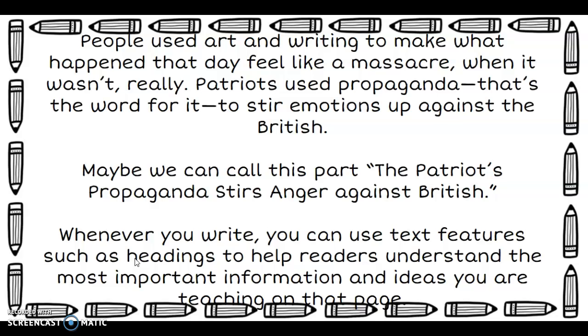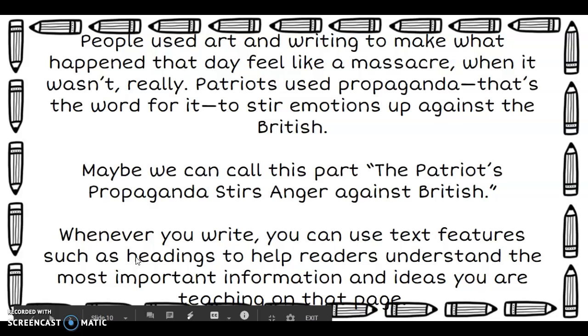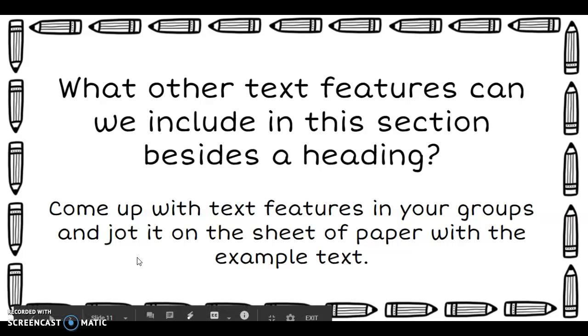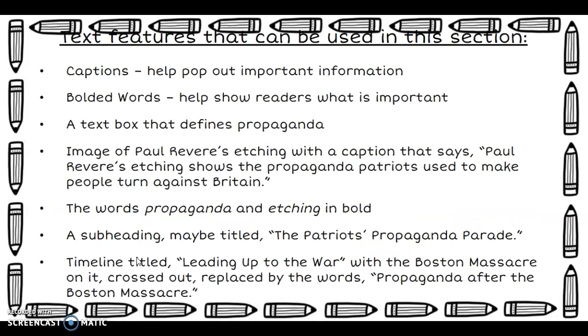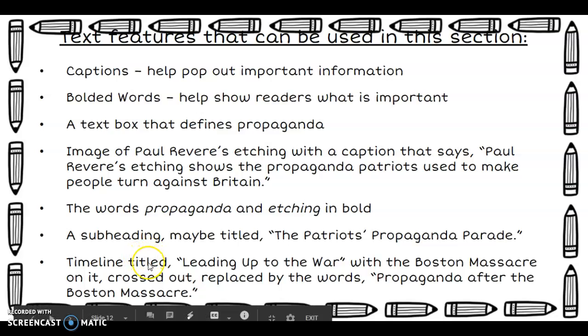Whenever you write, you can use text features such as headings to help readers understand the most important information and ideas you are teaching on that page. What other text features can we include in this section besides a heading? Here are some examples that could be used in this section. Maybe some of you can use some of these in your own writing.